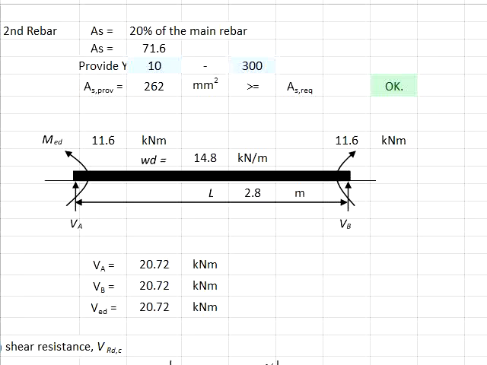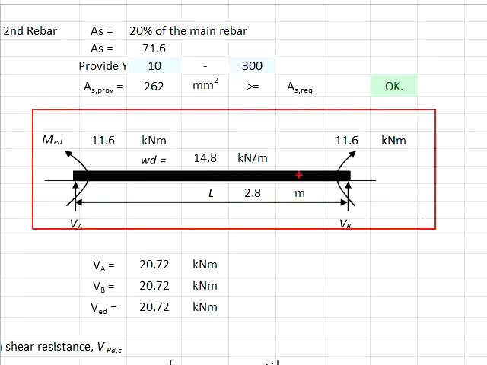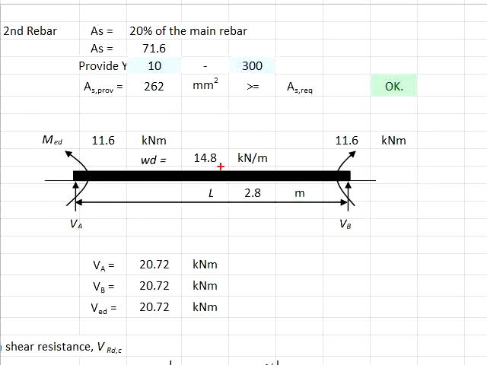The calculation steps will be very similar to the slab. Due to a relatively large cross-sectional area of concrete as compared to the load. This is the free body diagram here. The design load is 14.8 kN per meter UDL, and we know that the moments at the supports are 11.6 kNm.